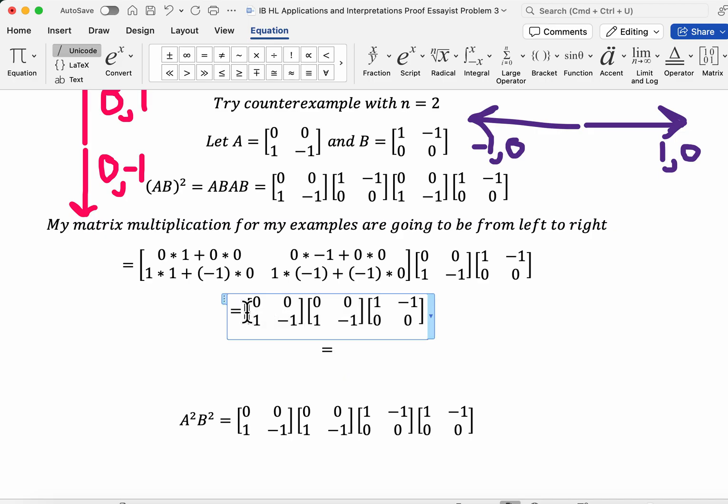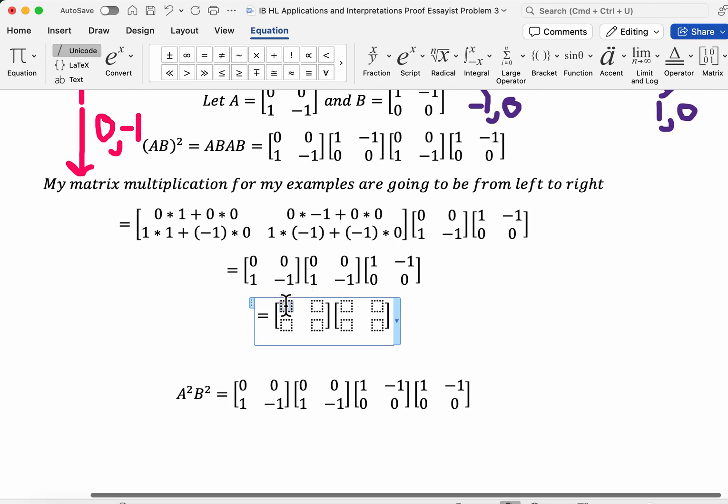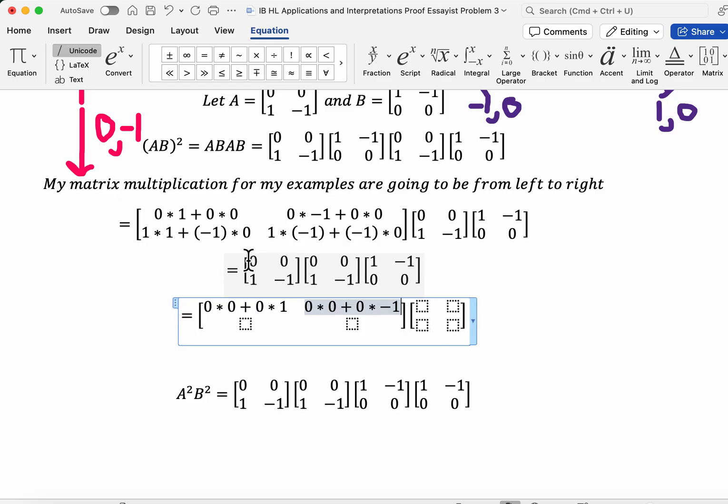But then I can multiply these two matrices together. This will give us 2 matrices in total. Let's see. 0 times 0 plus 0 times 1. And this is 0 times 0 plus 0 times negative 1. This matches up here with this over here.